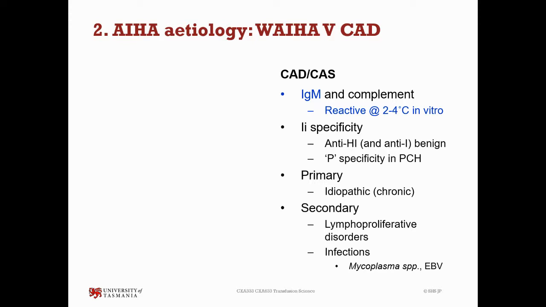So antibodies attach in the peripheral circulation at these lower temperatures and can activate complement and cause hemolysis.